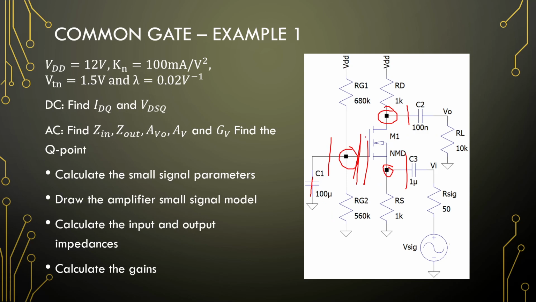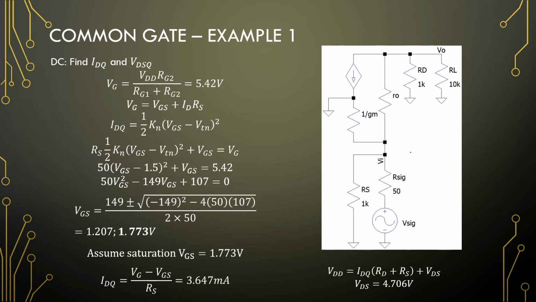Okay, now typically for the common gate and the common drain applications, we are going to use the T model and not the hybrid pi model anymore. So let's have a look at what this amplifier will look like in a small signal. So right here, our gate is kind of grounded.